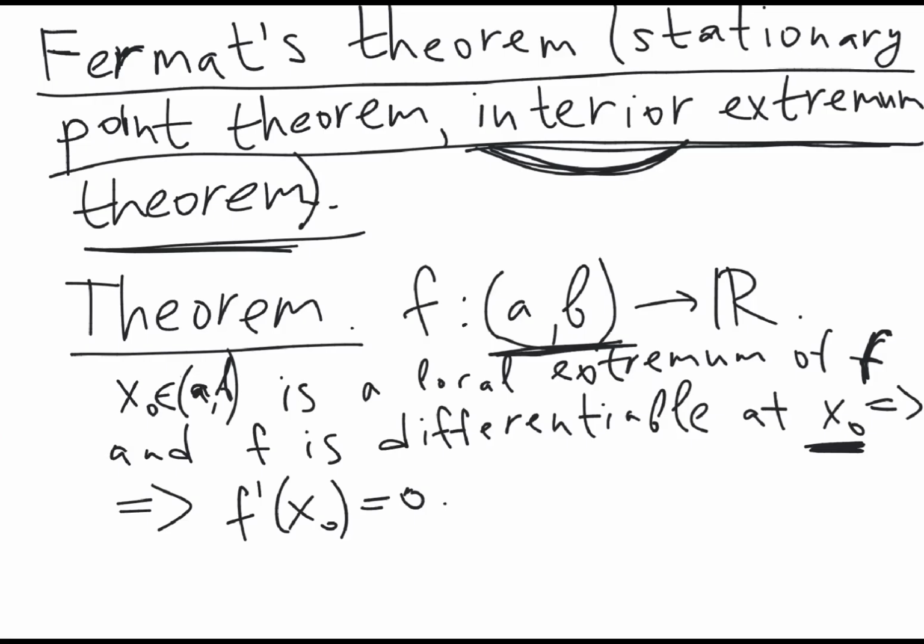If we have a function defined only on a closed interval from a to b, and we have an extremum at one of the boundary points, for example at a, then this theorem wouldn't work. So that's an important condition.